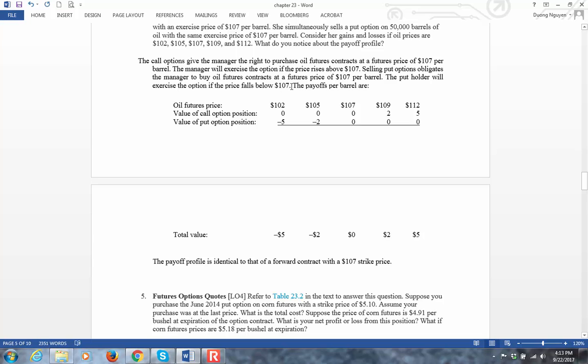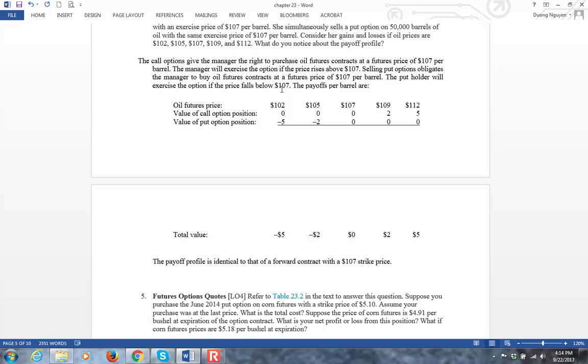So if the buyer of the put makes $2, the seller will lose $2. So the value of the put to the seller is -2. The same thing when the price is 102. If the price is 102, below 107, the put buyer will exercise, and the put seller will have to buy the oil at 107.